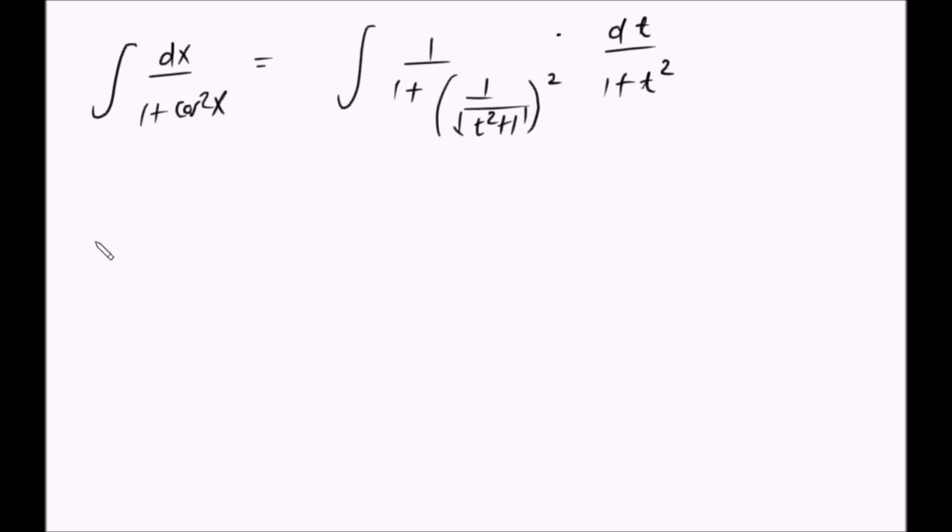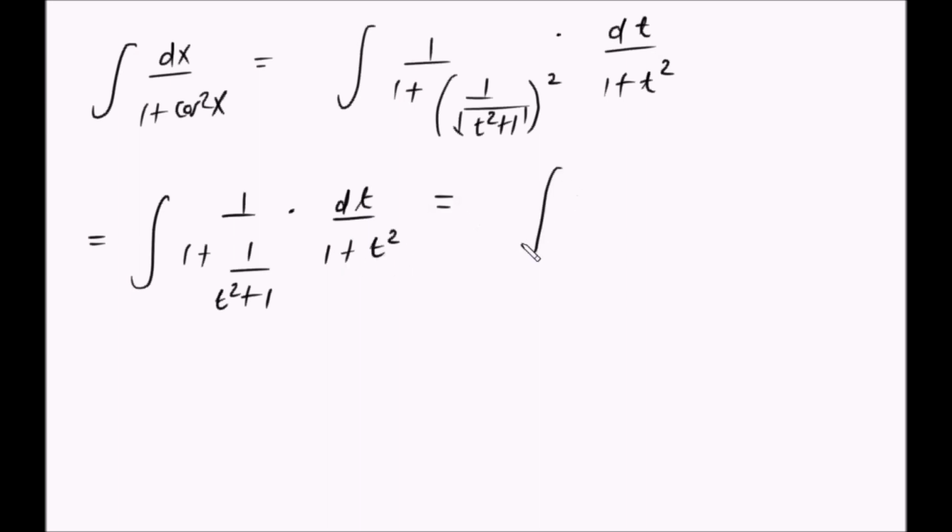Alright, so let's continue now. So nikisquare huyu sasa anakuwa 1 over 1 plus, so 1 square ni 1, hiyo nikisquare hiyo square root inaondoka, and then times dt over 1 plus t squared. So hapo chini hapo nitumie LCM, so t square plus 1, so t square plus 1 times 1 ni t square plus 1 jumlisha 1, so times dt 1 plus t squared.